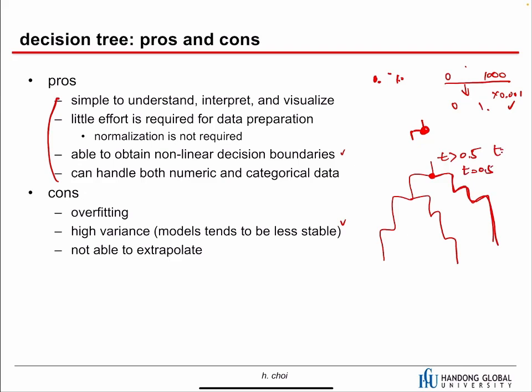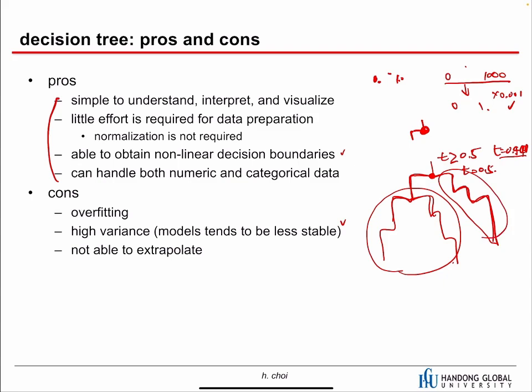If t is 0.4999, then it goes to the left subtree. So the difference between this one and this one is marginal. But based on this marginal difference, we can have the left subtree or the right subtree. Okay. So a little difference can make a lot of difference in the result.